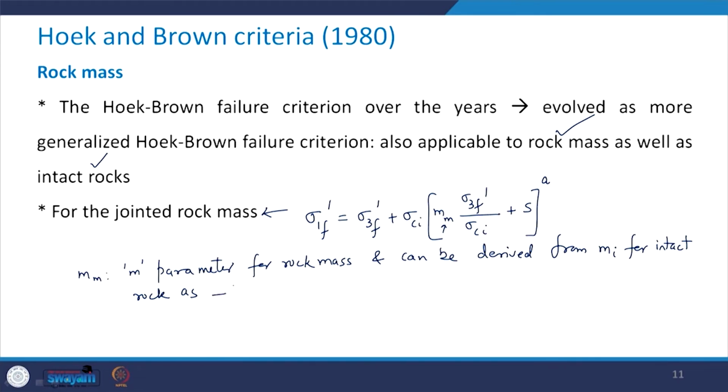How? See, m_b is written as m_i exponential of (GSI minus 100) divided by (28 minus 14D).